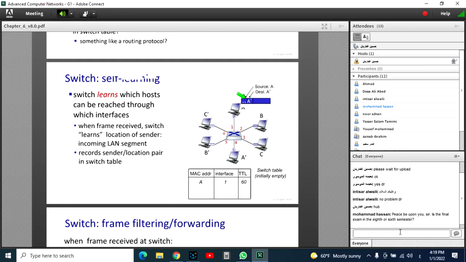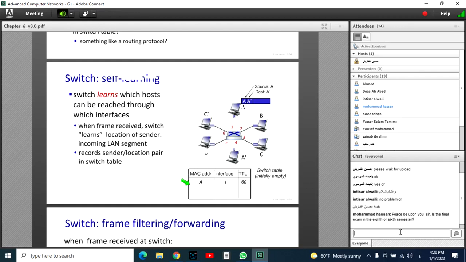When A sends a frame toward the switch, the frame is received by the switch, for example, over interface or port number 1. When the switch receives this frame, it checks the switch table. If it has a record for this address, it can skip it.